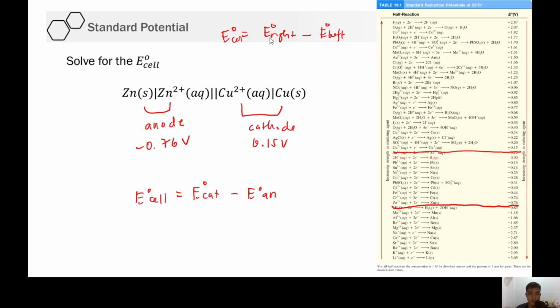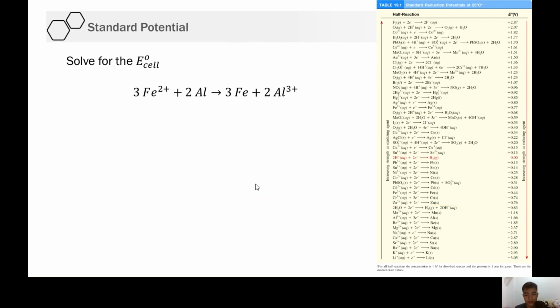But again, I emphasized last time that I want you to know what is on the right and what is on the left, so that you will not be lost. Always remember that those on the right are the cathodic reactions. Basically, those are reduction reactions, and those on the left are the anodic reactions, or those that undergo oxidation.